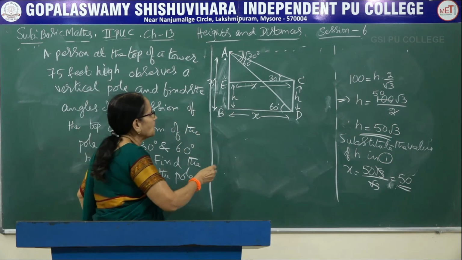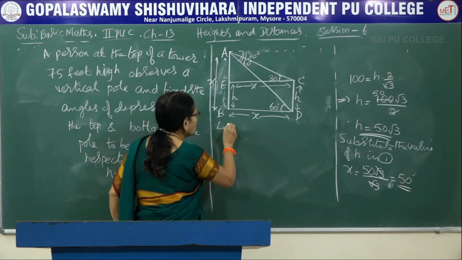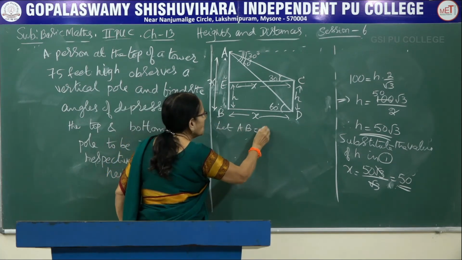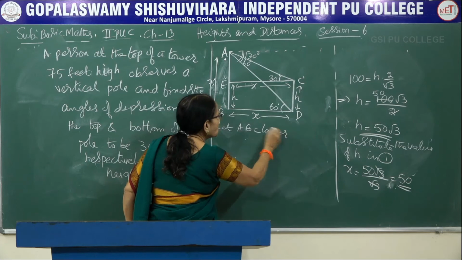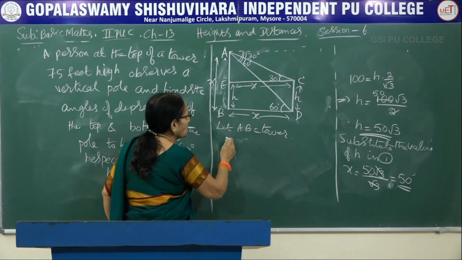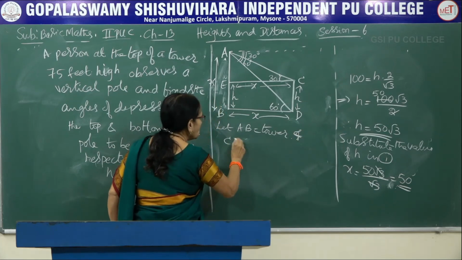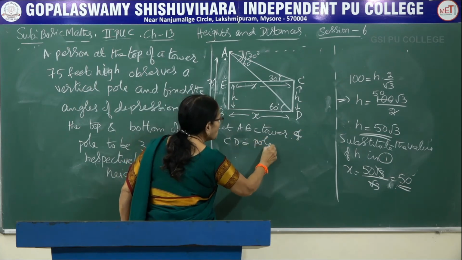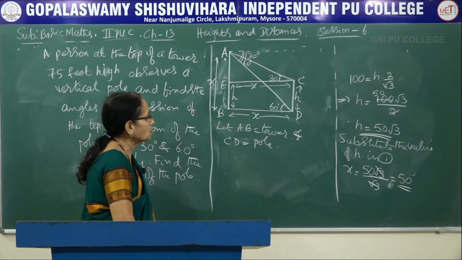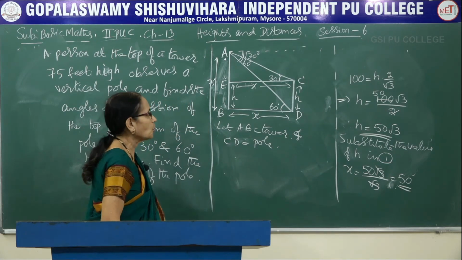Now let me explain the figure now. Now let AB be the tower, and CD be the pole. So I am taking AB to be the tower and CD to be the pole.